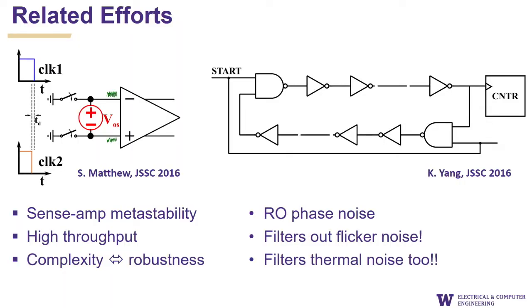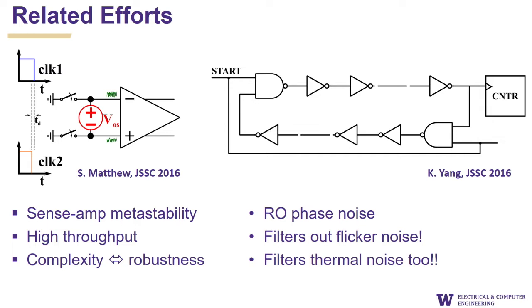So just a quick look at related efforts in the space. There's been plenty of work. I'm just citing 2 of them, done by Sanu Matthew in 2016 and Kai-Yun Yang also in that year. The Matthew work implements basically a highly well-tuned comparator to engineer the offset and cancel it out so that you can get low bias, and it actually does a little bit of post-processing to try to clean up the autocorrelation.